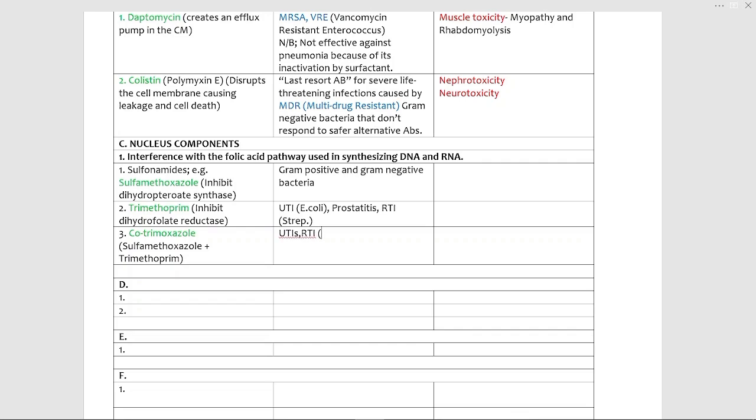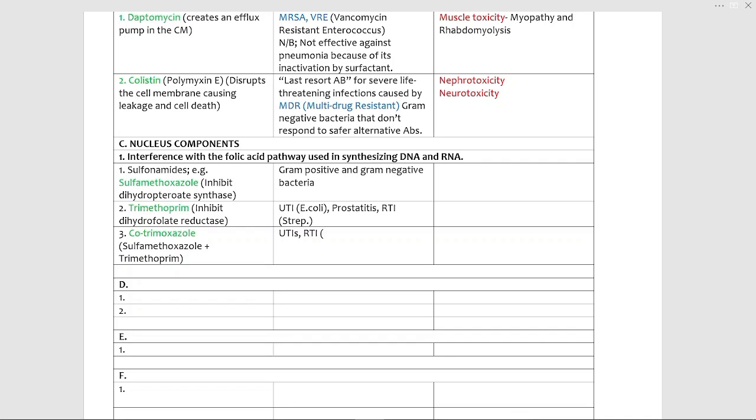And one unique thing about this drug, let me just highlight here: when it comes to respiratory tract infection, there's a very common pathogen that isn't a bacteria, but is always worked on by cotrimoxazole, the CTX. This pathogen here is a fungus.